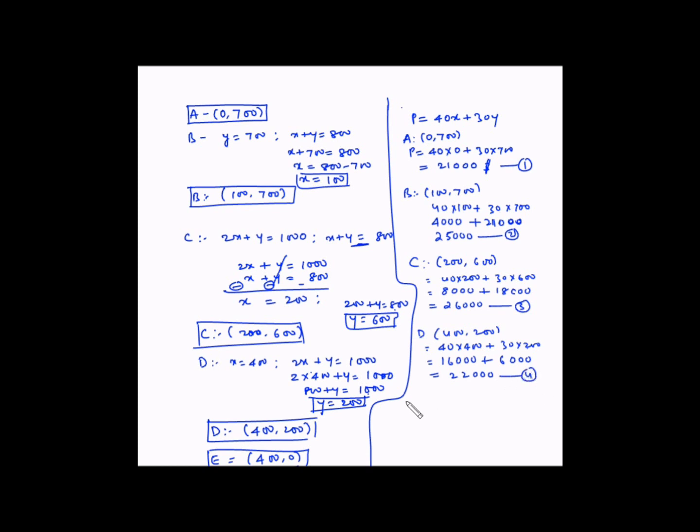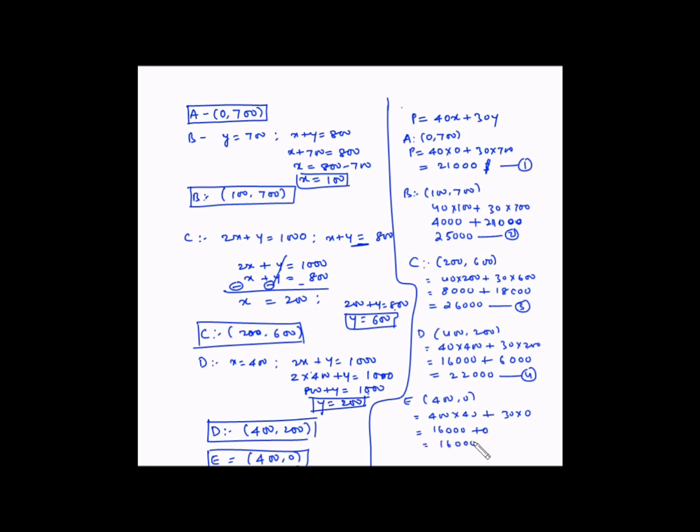Next, let us take the coordinates of point E, which is 400 and 0. So our objective function becomes 400 multiplied by 40 plus 30 multiplied by 0. This is equal to 4 multiplied by 4 is 16 and 3 zeros, plus 0.